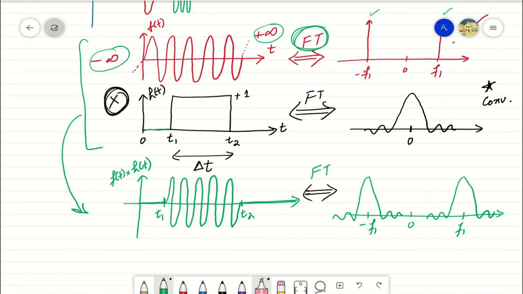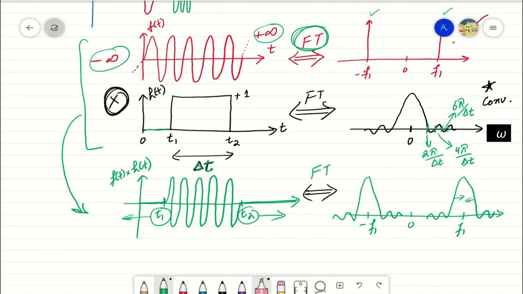Whereas for the sinusoids of limited time span, their Fourier transform is not an impulse, rather it is a sinc function. The first zero crossing of this sinc will be observed at, and all the zero crossings will be observed at the integer multiple of 1 over delta t. For example, the second zero crossing will be observed at 4 pi divided by delta t, and the third zero crossing will be observed at 6 pi by delta t, where delta t was the span of this rectangle function.